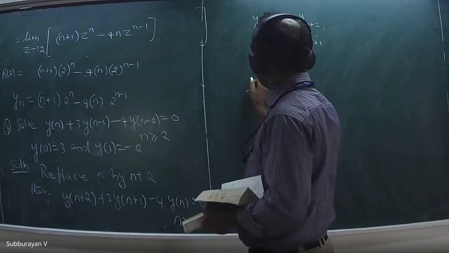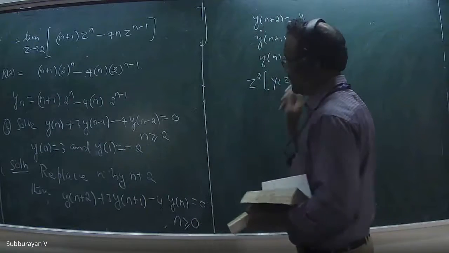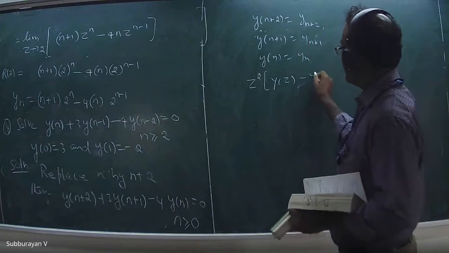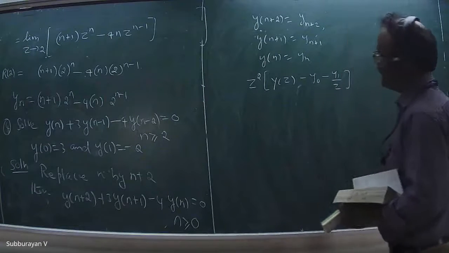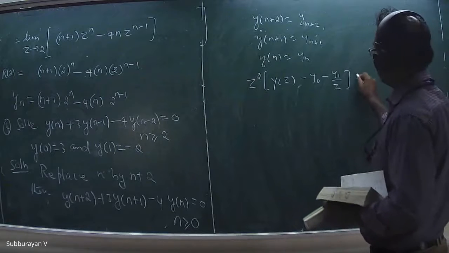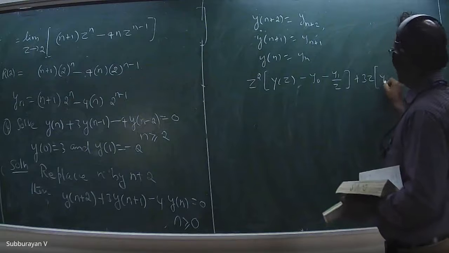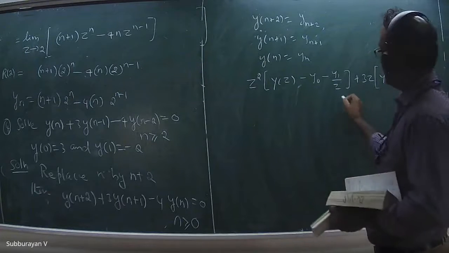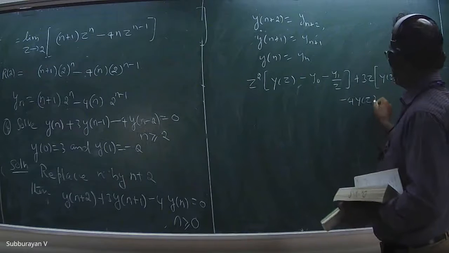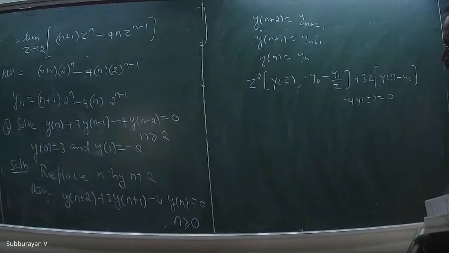Then you'll get z square into y of z minus y0 minus y1 divided by z, plus 3z into y of z minus y0, minus 4 times y of z equal to 0.